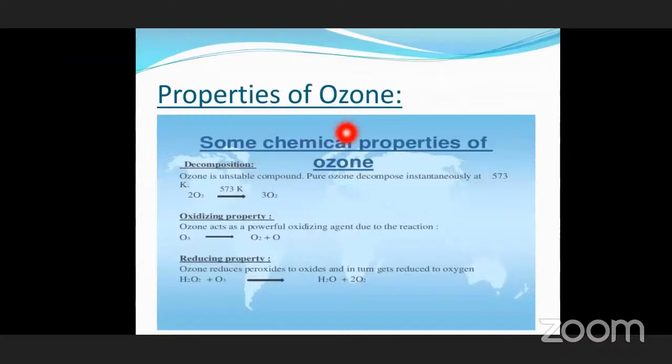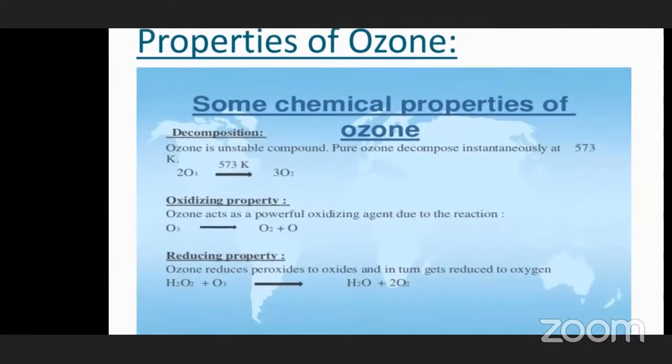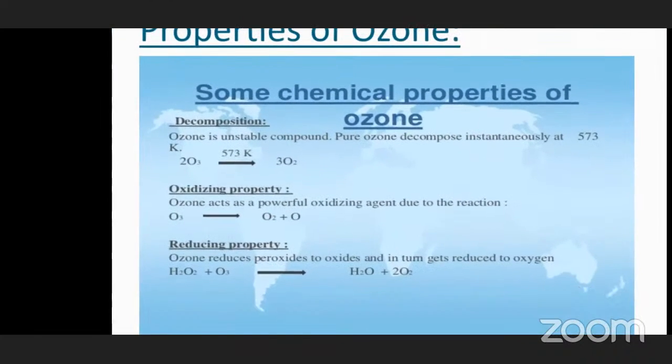Properties of ozone. Ozone always decomposes to provide the oxygen molecule. Here O3 is formed as O2 by decomposition. Next, the second property, oxidizing property. Ozone shows oxidizing nature. Why?